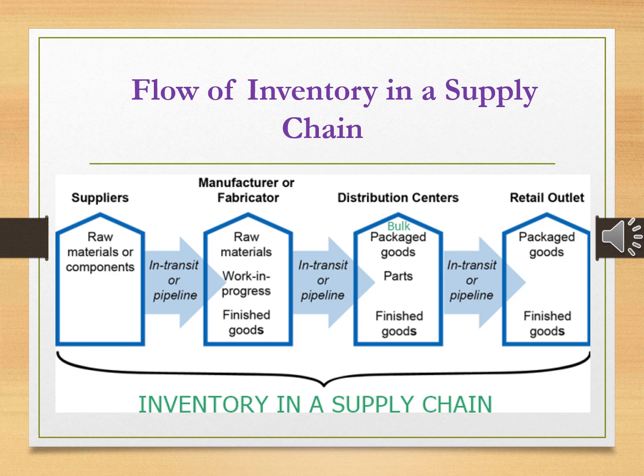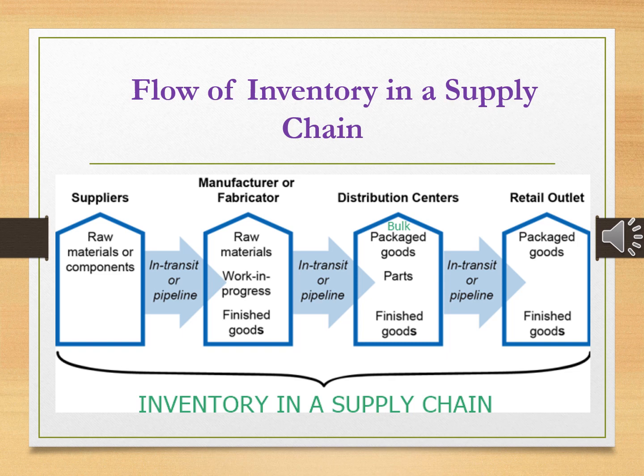In this slide, if you see this picture, it will show you the flow of inventory in a supply chain. It starts from the supplier, who has the raw materials or components, then it goes in transit to the manufacturing or fabricator place. It is still raw material, work in process, or finished goods. So this inventory is changing its shape. After it is manufactured, it goes to the distribution centers where there are bulk packed goods, parts, and finished goods.